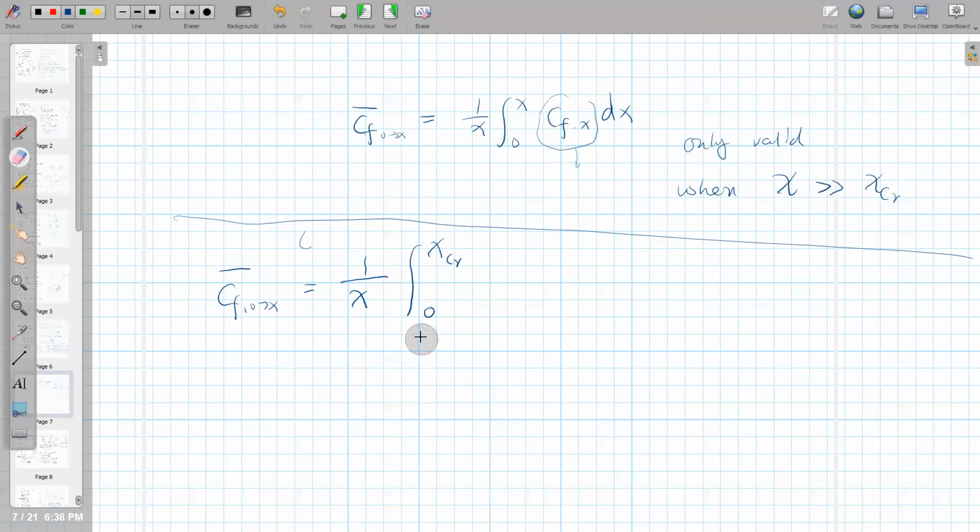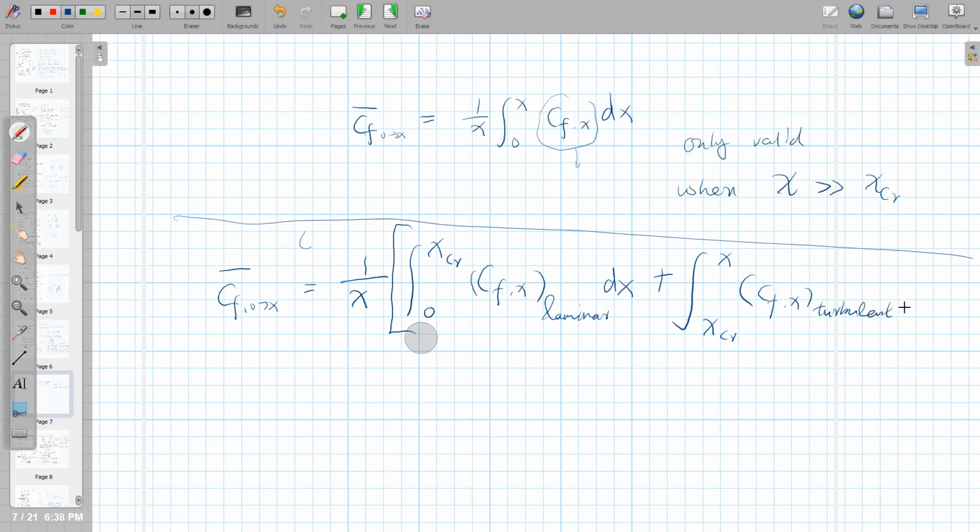Just 1 over x times the integration of CF of x laminar times dx, plus the integral from xCr to x of CF of x turbulent times dx.